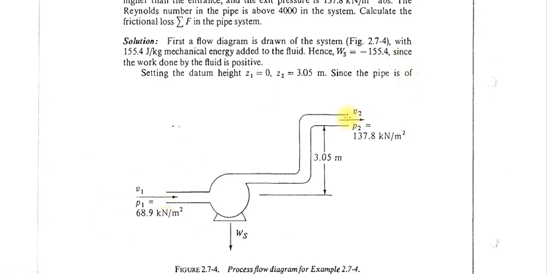So rho 1 equal to rho 2, and a1 equal to a2, so rho 1 a1 v1 equal to rho 2 a2 v2. Now that tells you that v1 equal to v2. So whatever velocity you have at the entering point will be the same velocity at the exit point.